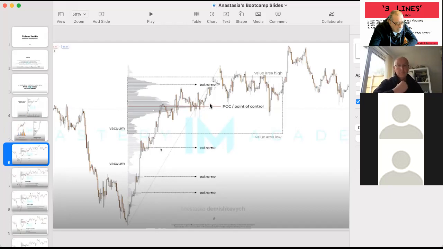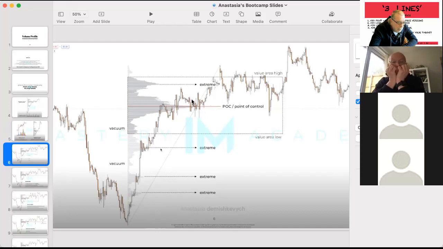And I've mentioned this on my session before. Where this consolidation occurs, in fact, on my sessions, I would have drawn a parallel channel from the top of that to where I thought the rotation was going on. Anastasia will use this as one of the tools she uses to decide when to enter trades.